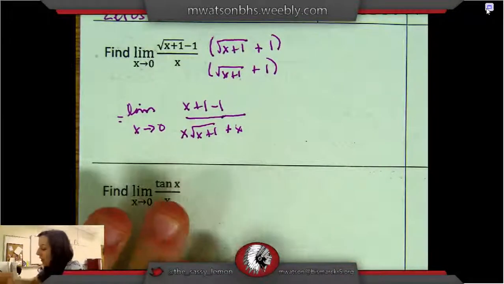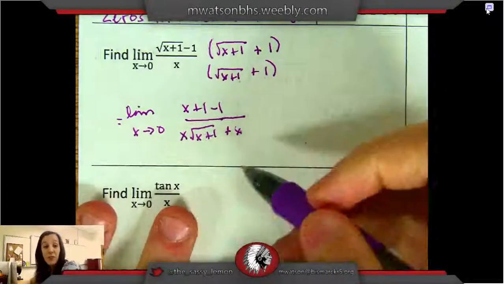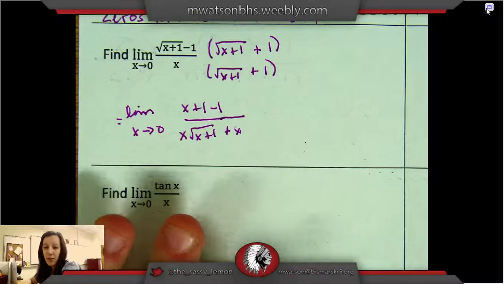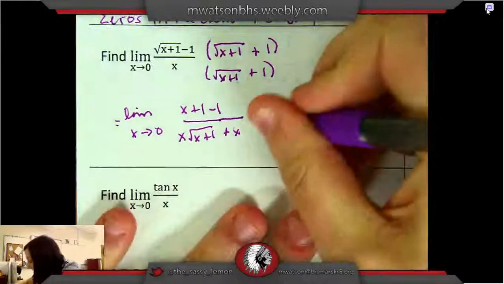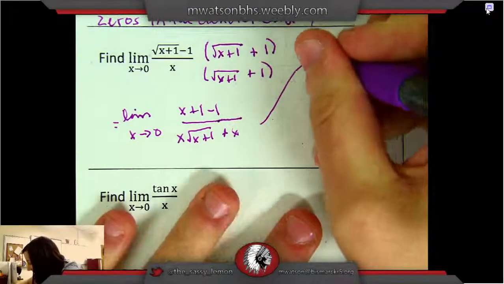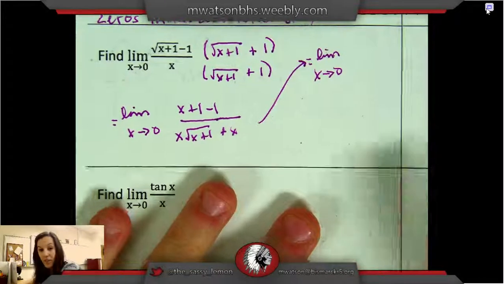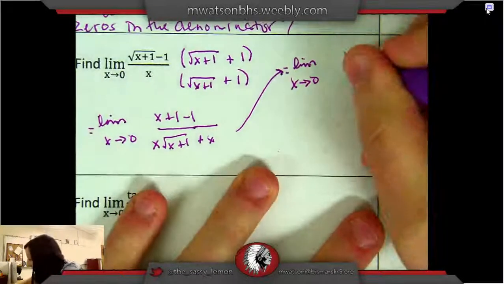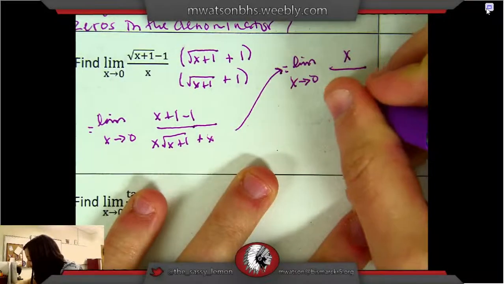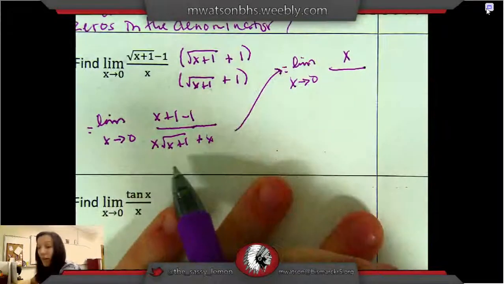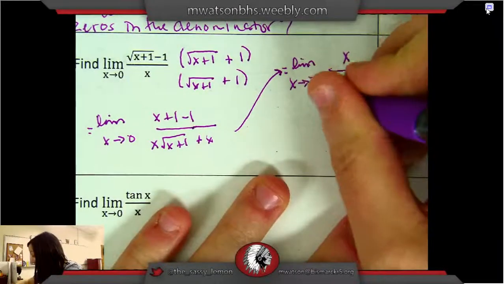So we're going to simplify further. If you substitute right now, yeah, you're going to have 0 over 0. So our next line, we have the limit as x approaches 0, and our numerator is x, and our denominator is, I'm going to undistribute that because that was a mistake.